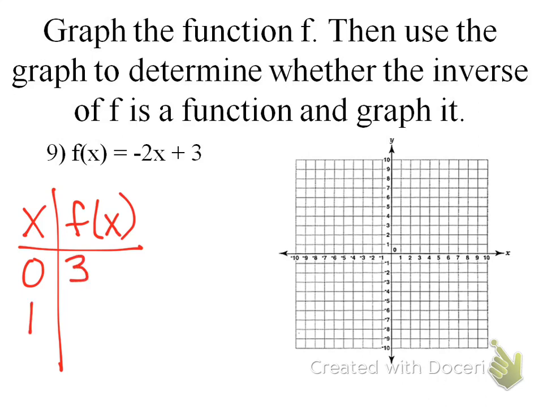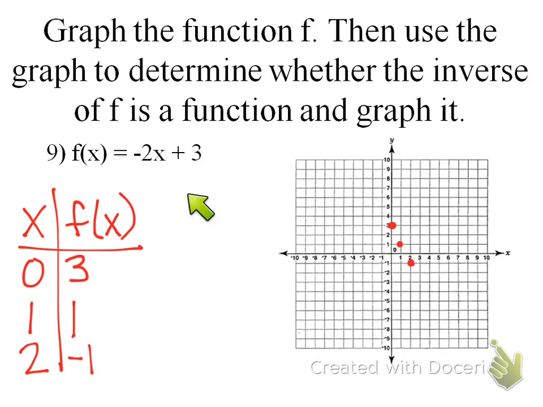When you plug a 1 in, you would get negative 2 plus 3, which is 1. And when you plug 2 in, you'd get negative 4 plus 3, which is negative 1. Good. So I'm just going to graph those ordered pairs. I have 0, 3, I have 1, 1, and I have 2, negative 1.